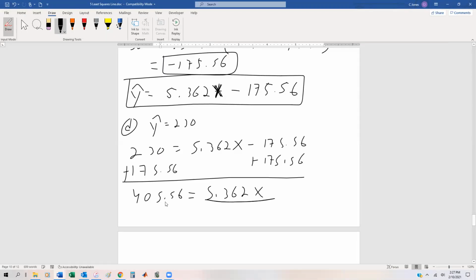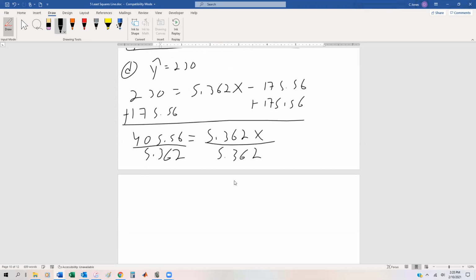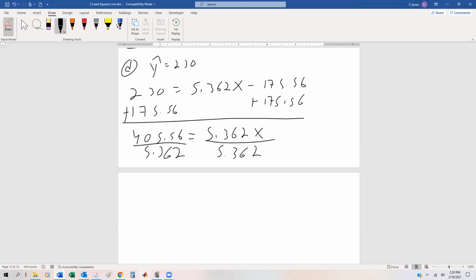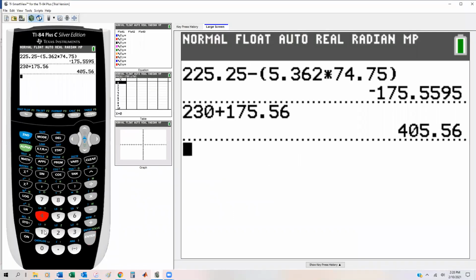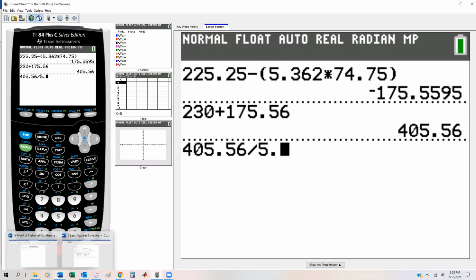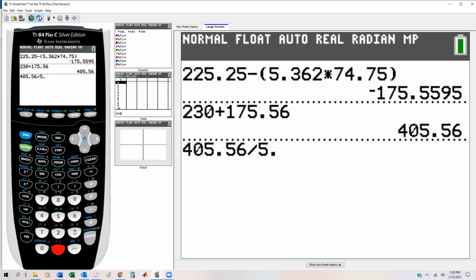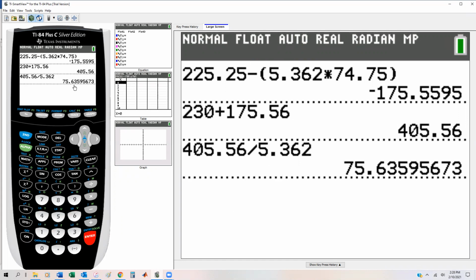And then finally, we're just going to divide by 5.362 to get rid of the coefficient. And this is going to tell us what the height is. All right, so we're just going to go into our calculator, and we're going to take 405.56, and we're going to divide that by the 5.362, I think it was. And we're just going to hit enter. And that gives us 75.64 approximately.